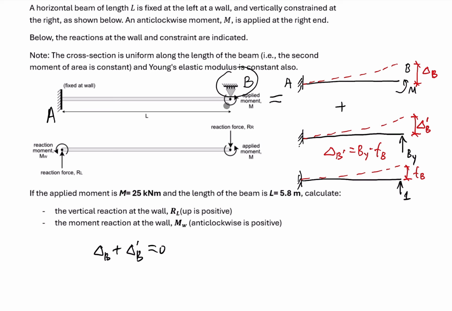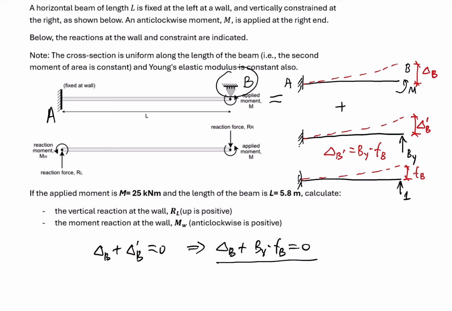We know delta B prime is equal to By times Fb, so we have delta B plus By times Fb equal to 0. This is the equation we call the compatibility equation. From this compatibility equation, we can solve By.